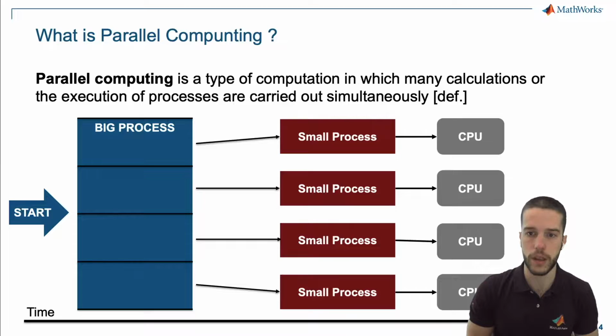This can be done only if the starting process, the big one, was divided into independent sub-processes. Once we have computed independently these different smaller processes, we can obtain the final result by summing up all of the results. Of course, it is evident that we can reduce the computational time by a factor of 4 in this particular case.